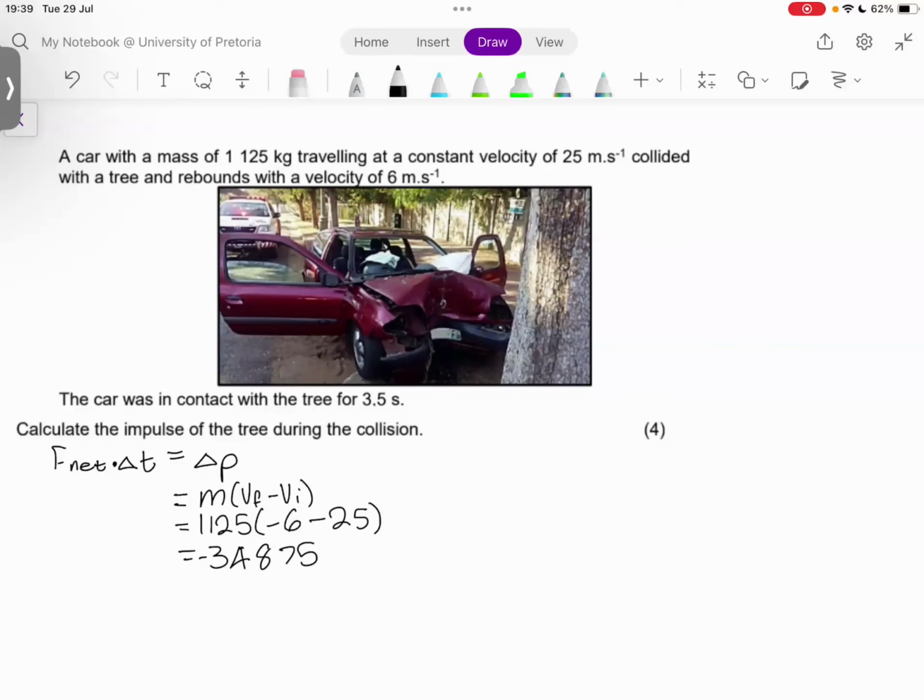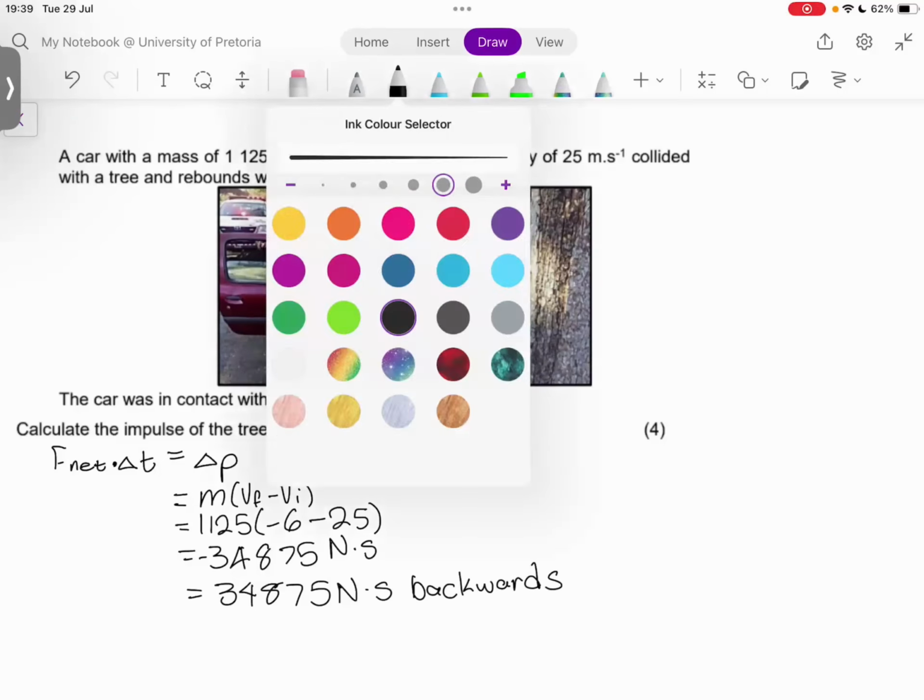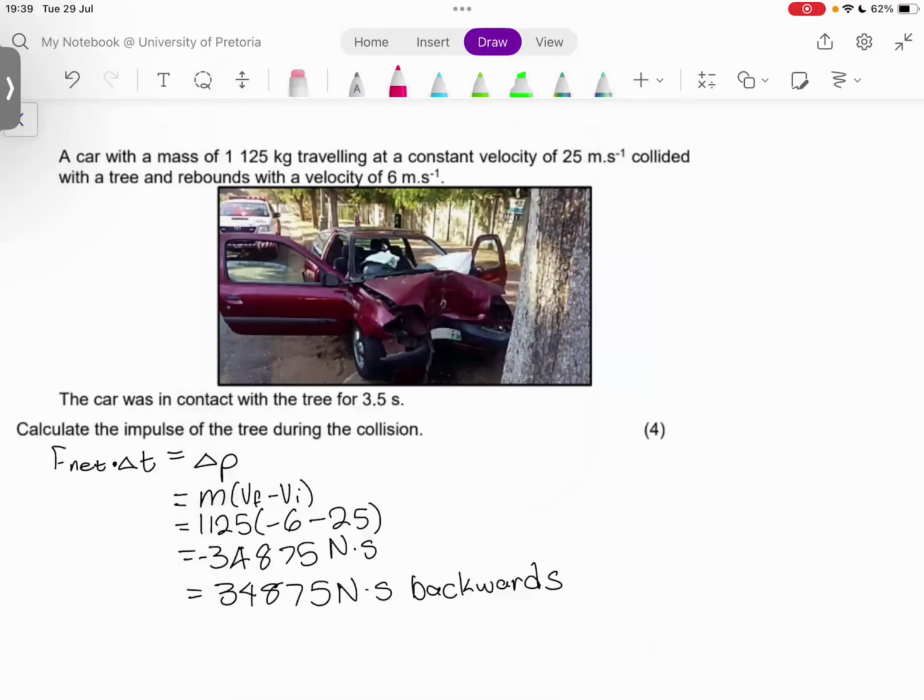I have here Newton seconds for the units, which should be the same as 34,875 Newton seconds backwards. For this question, we get a mark for this right here, another mark for substitution, and one mark for units, another mark for direction.